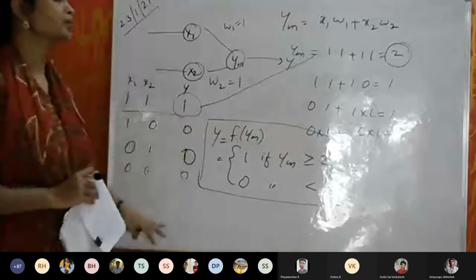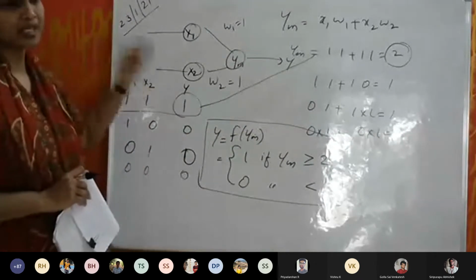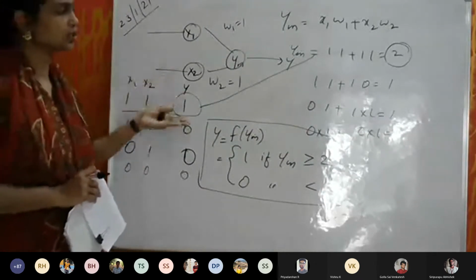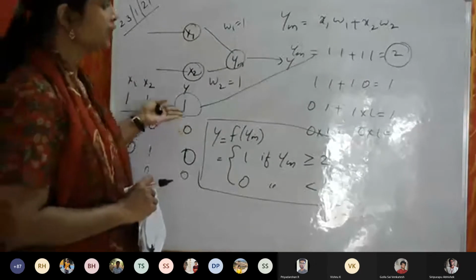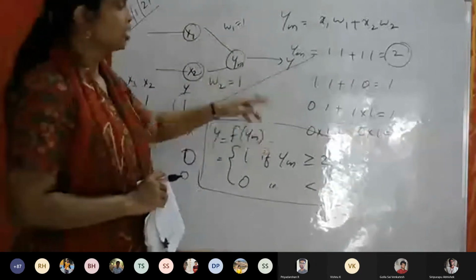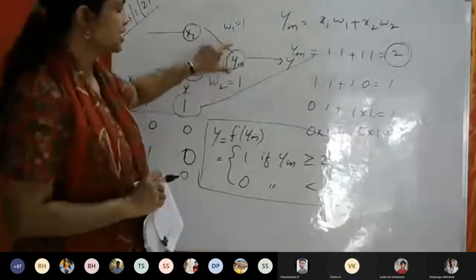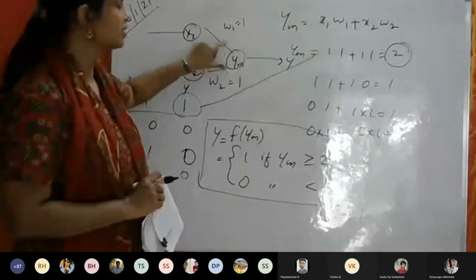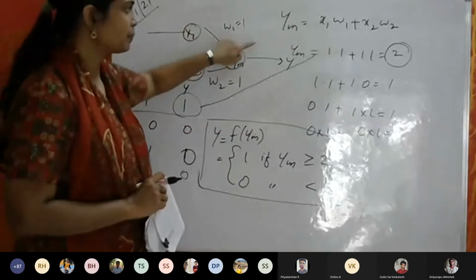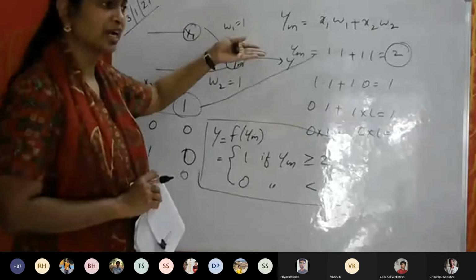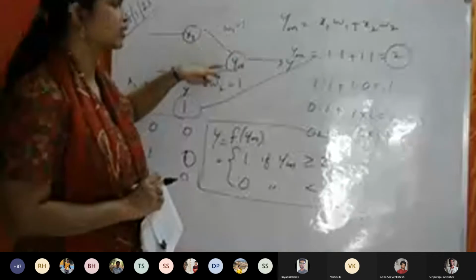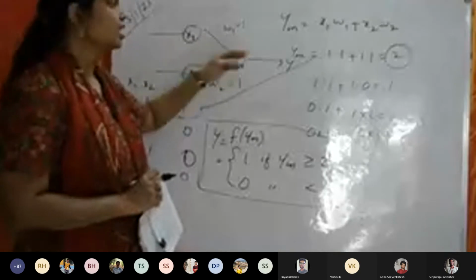So this is a simple model to know how to set the threshold and how it can give an output. Now this Y in is actually the processing element, where it will sum up and also perform the activation. So in the processing element, it has to do everything.